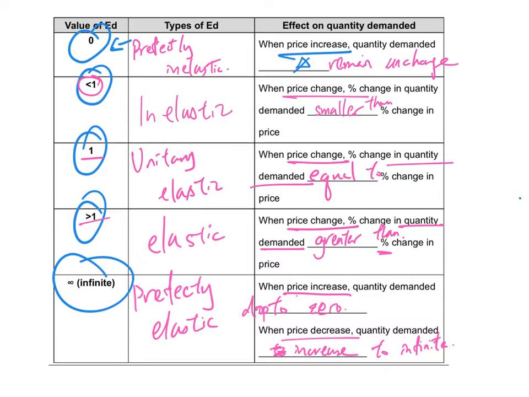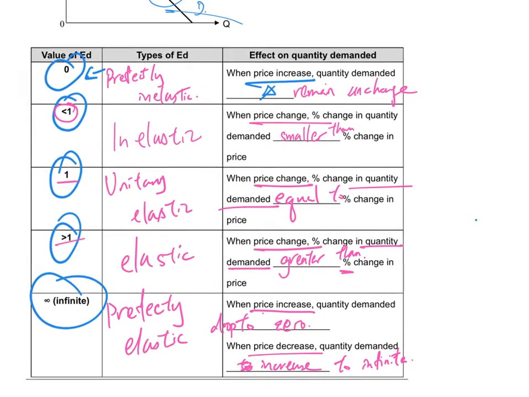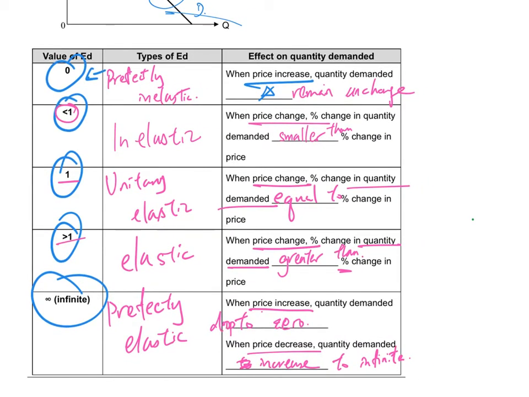Okay, so let's find some real examples of these types of elasticity. For example, perfectly inelastic is the extreme of no reaction to any price changes, a kind of addiction, right? So we can find some cases in real life, like drugs.